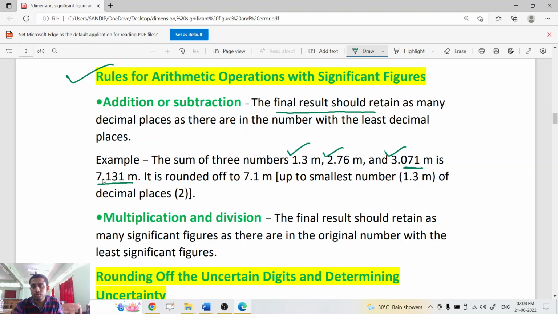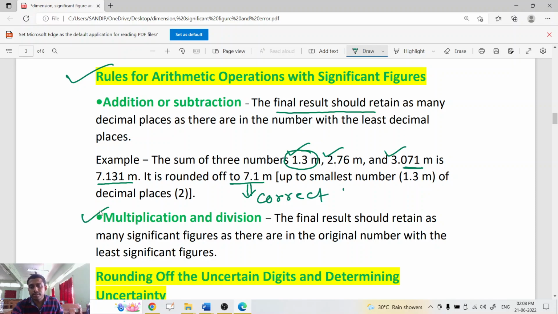It is rounded off according to the smallest number. Here the smallest has only 1 decimal digit, so you round off and get the correct answer, 7.1.